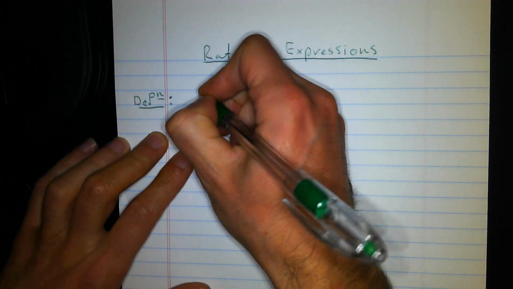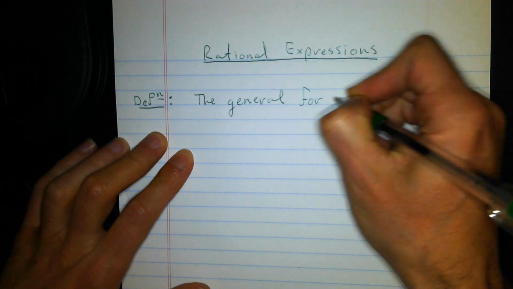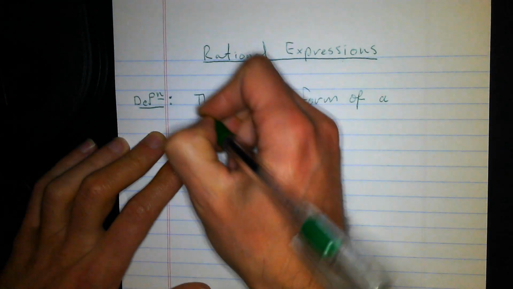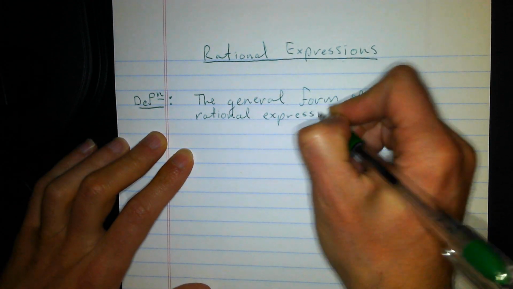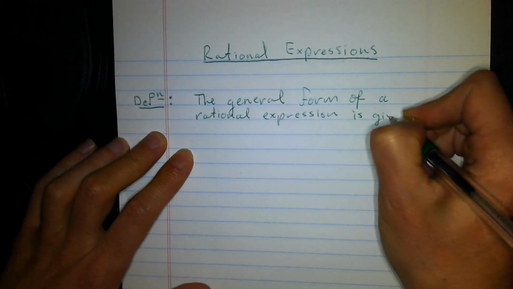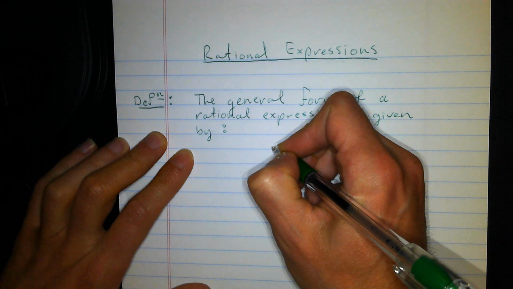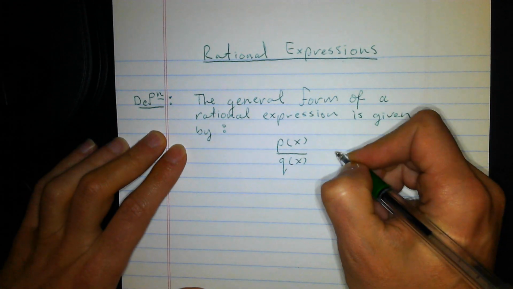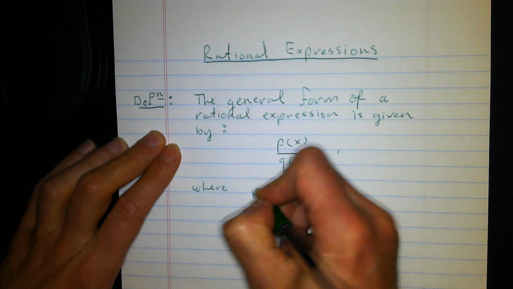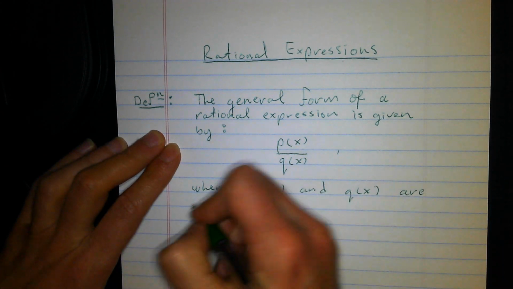That's an F, not a P. The main definition just says that the general form of a rational expression is given by P of x over Q of x, where P of x and Q of x are polynomial expressions.